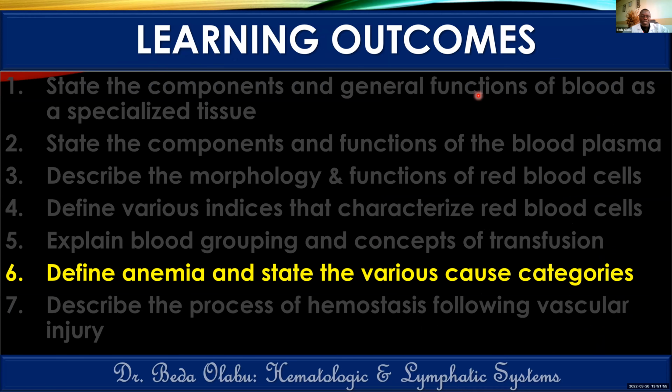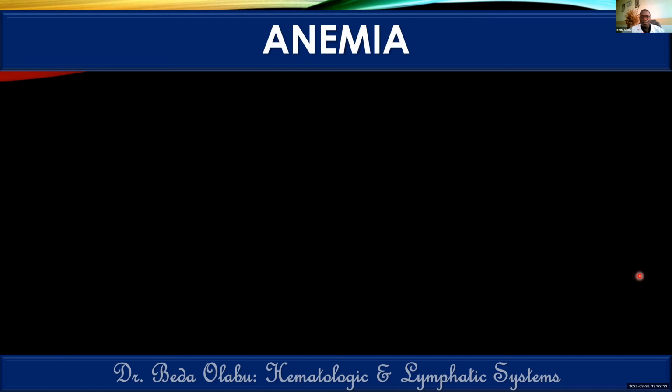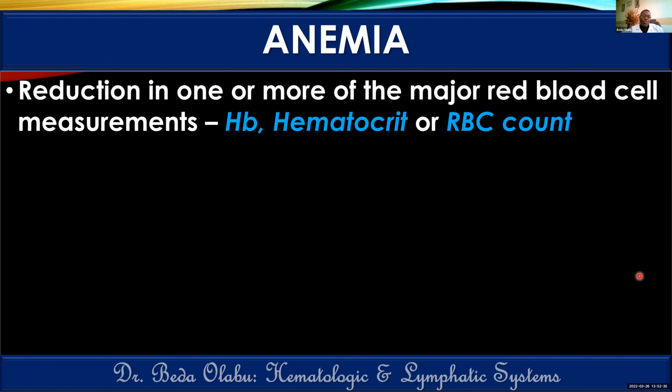Great. Having talked about that, I want us to now highlight the concept of anemia and perhaps state some of the causes of anemia, not necessarily in detail, but just something to help us understand. So we define anemia as a reduction in one or more of the major red cell measurements.